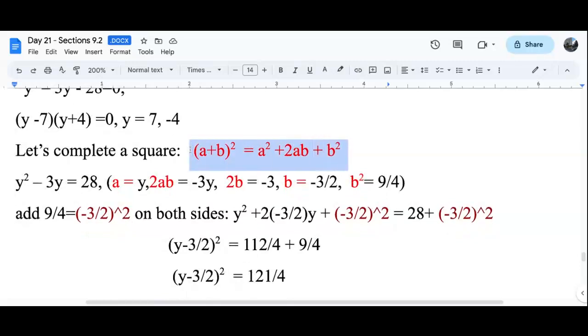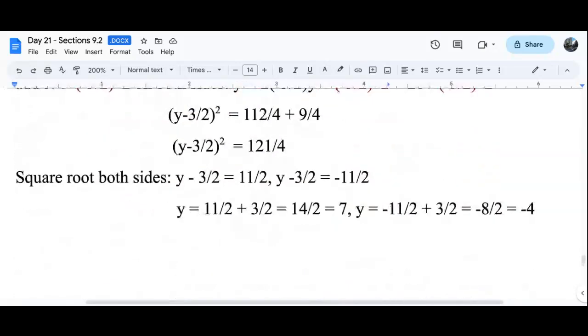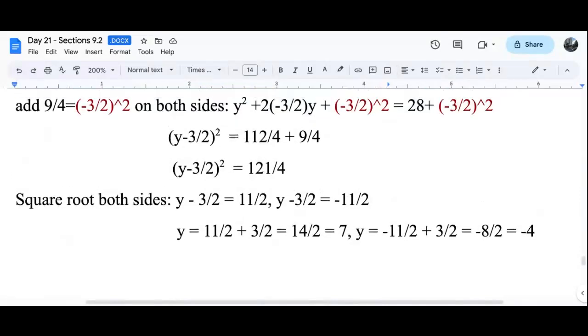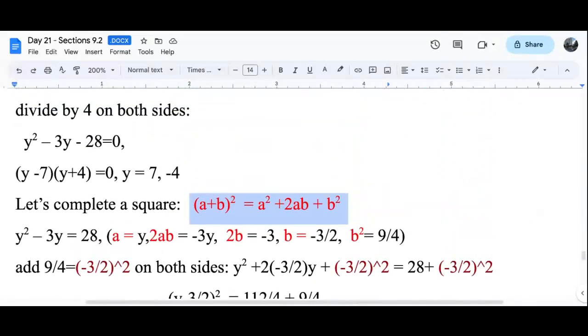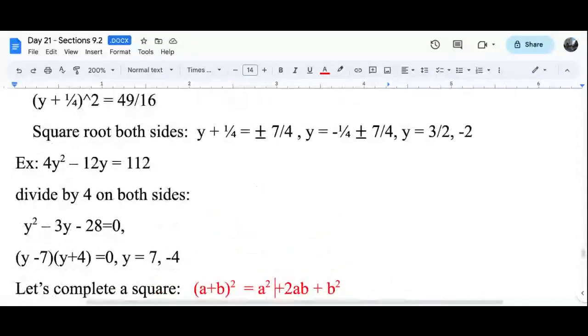You just have to remember this. This is a perfect square formula. Just make sure you can do all the examples on your own. Then start your homework.